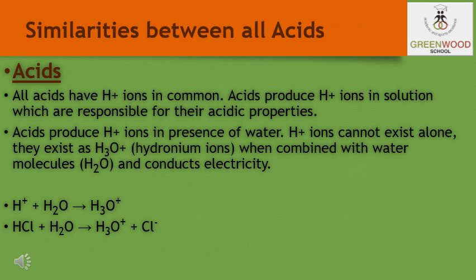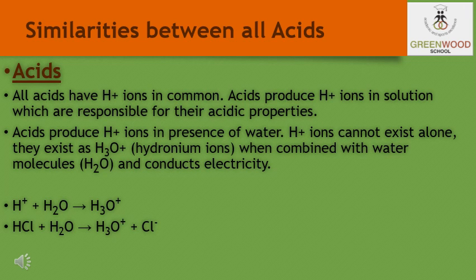Now students, we have seen that acids possess a number of common characteristic properties. This shows that chemically they must have something in common. We have also observed that all acids contain hydrogen, which they liberate when they react with active metals.